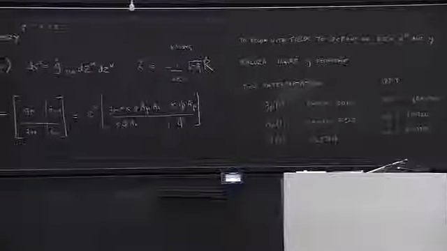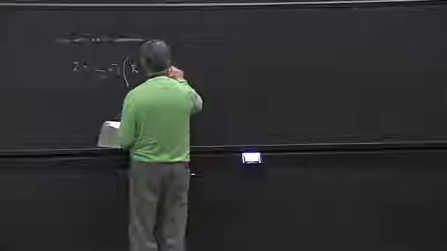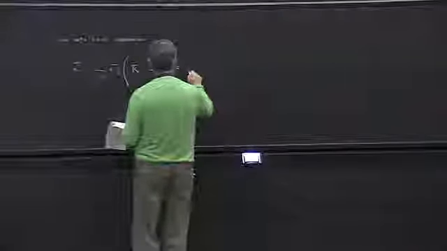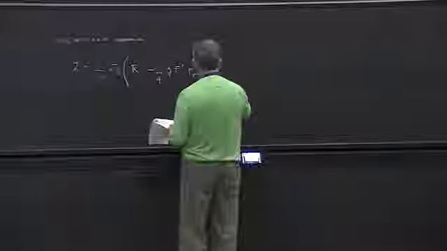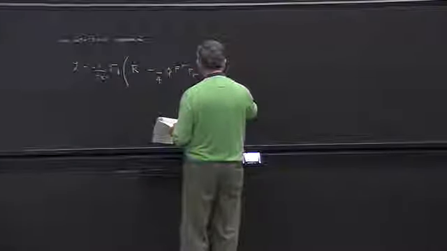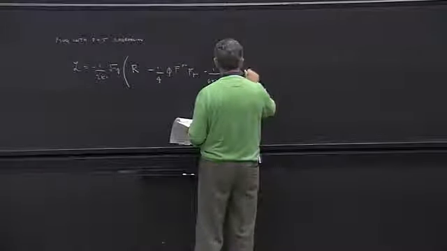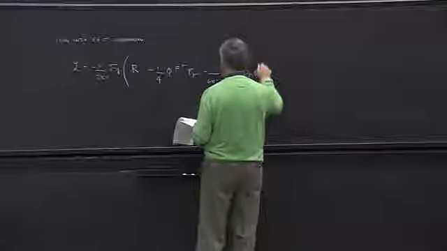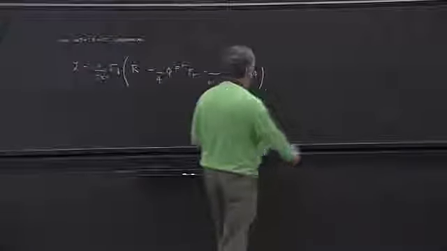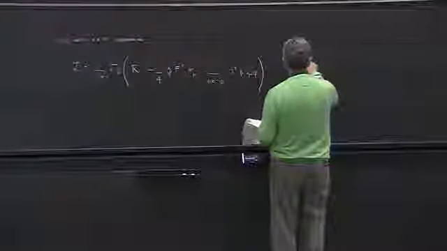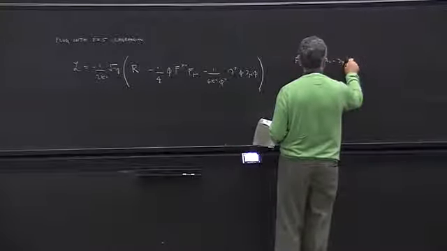What do we get? We get R minus 1/4 φ F_μν F^μν minus 1/6 κ² φ⁻² ∂_μφ ∂^μφ, where F_μν is ∂_μ A_ν minus ∂_ν A_μ.